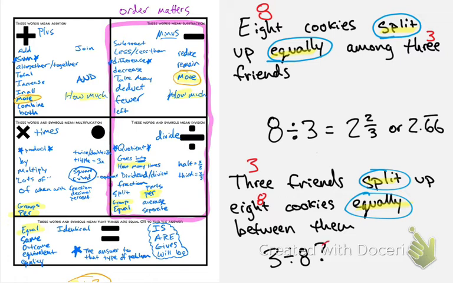In this case, we would hopefully recognize that it's the cookies that are being divided. And so the correct way to write this would actually be 8 divided by 3, exactly like what we had in the example above. So even though the numbers came in a different order in the word sentence that we were given, we have to pay really close attention to what that mathematical order actually will be.